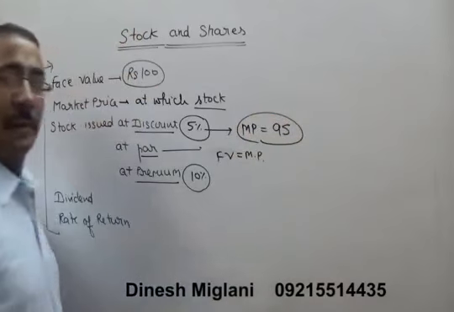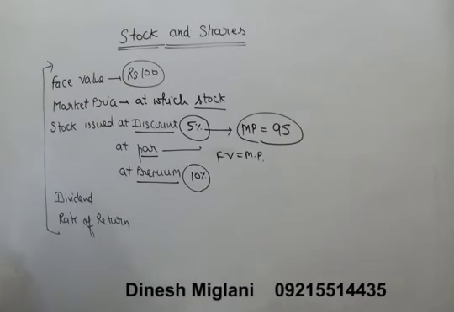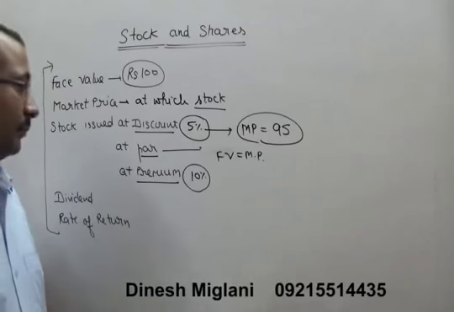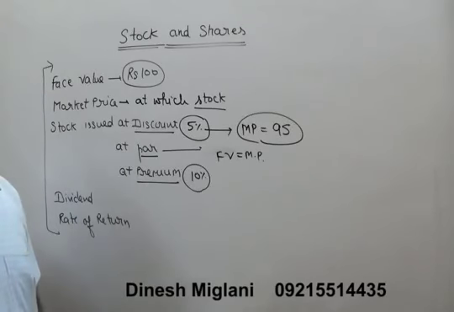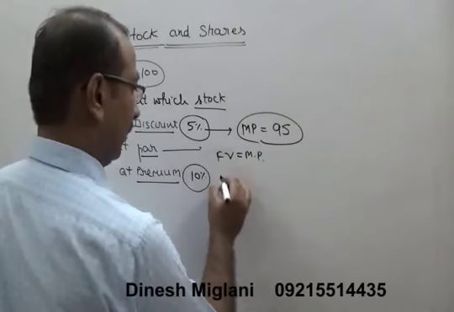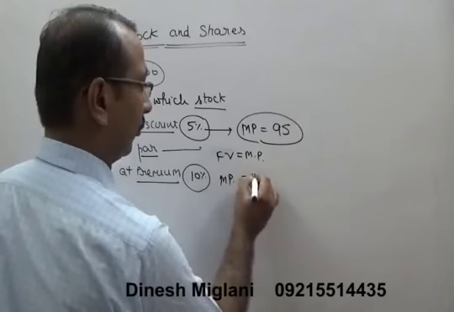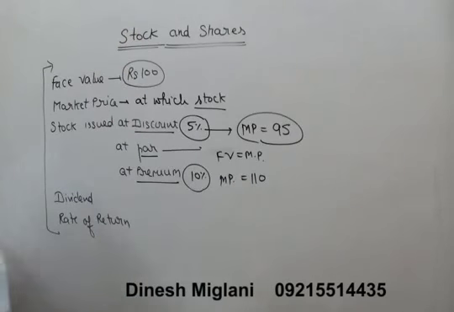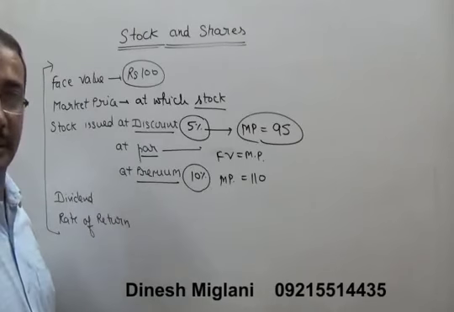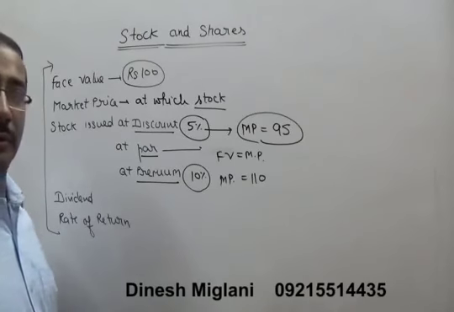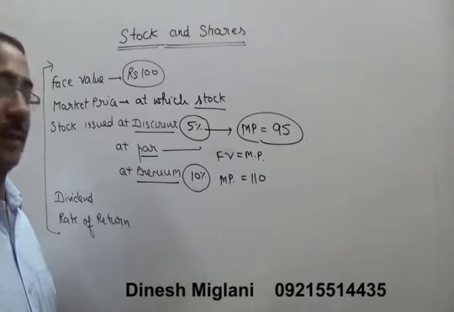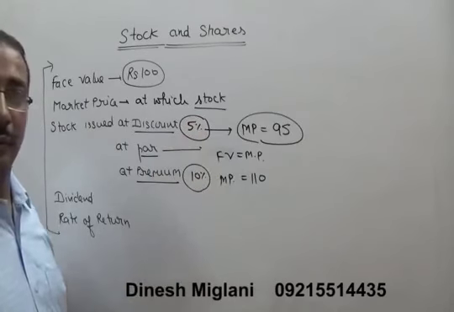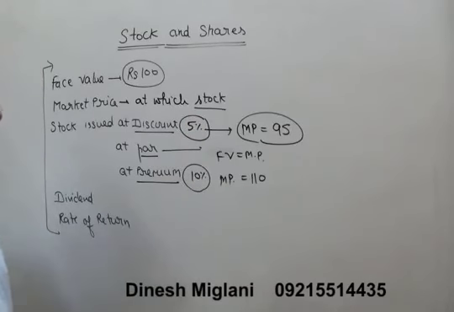Means market price is less than face value by that percentage. Third one is when stock is issued at premium, it means market price is 10% more, we can say that is 110. So if something is stated in the statement about stock issued at discount, par and premium, we have to go in such a way.